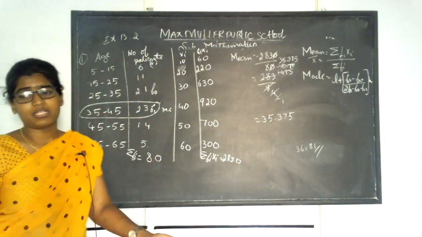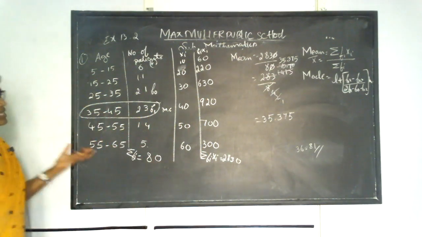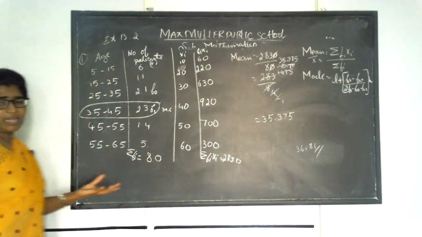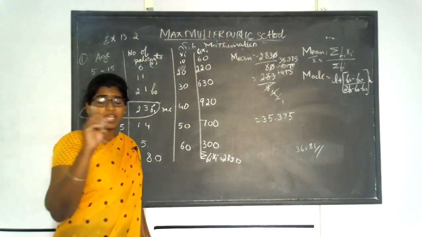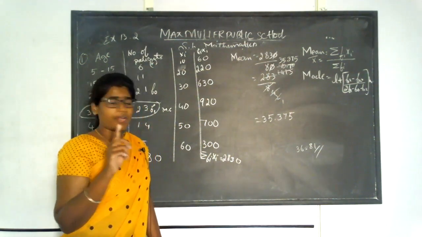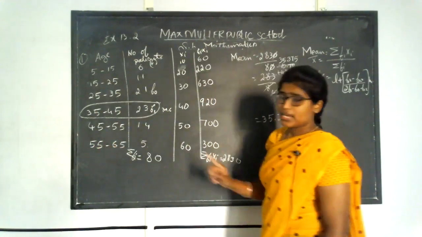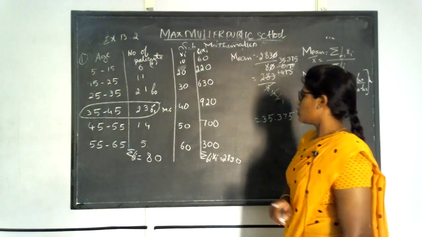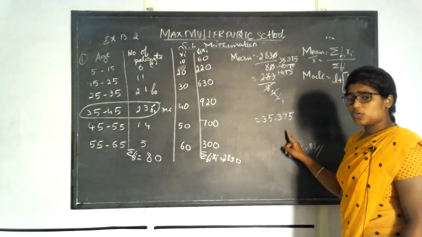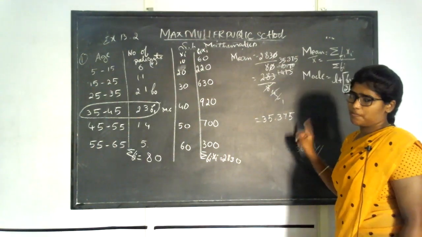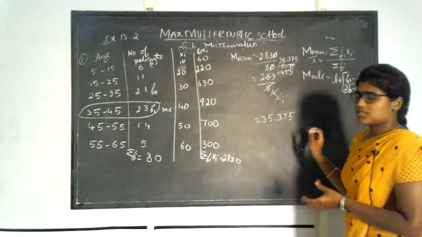Then interpret, in the sense you need to interpret the following things. How are you going to interpret? What is the mean telling and what is the mode telling? In the ungrouped data we were finding the mean, what had you found out? Average. You were taking all the numbers and adding them up, correct? So mean is going to tell you about the average age of the patients.